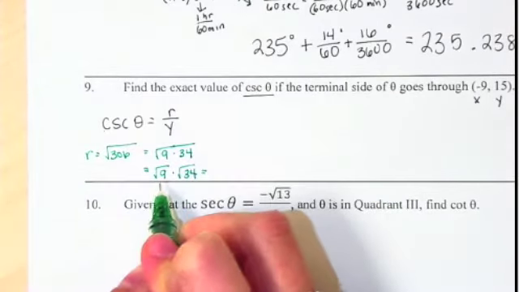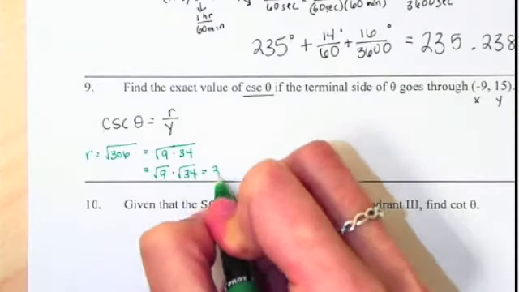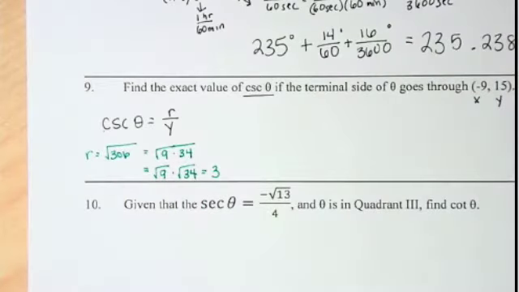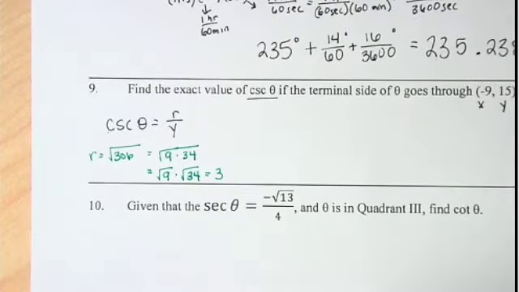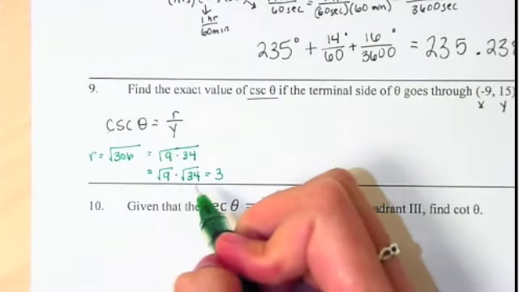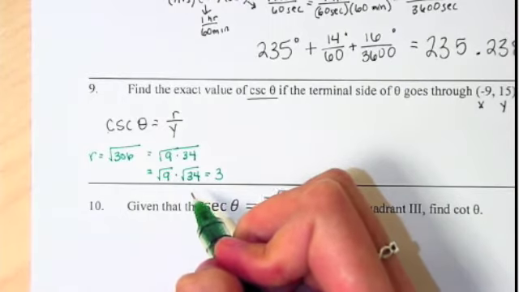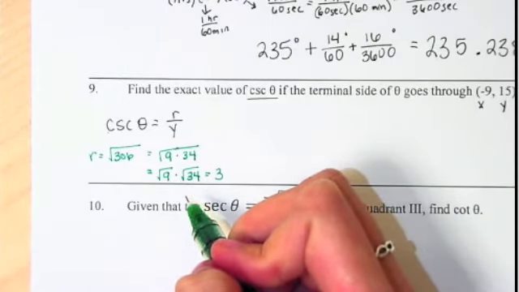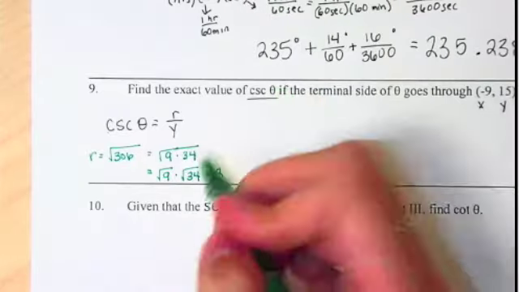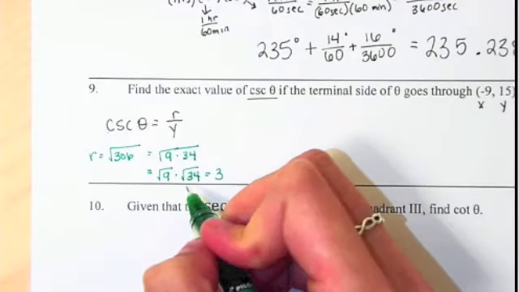I know that the square root of 9 is 3. Just plain 3. So I'm just going to write it as 3. It's not the square root of 3. You don't leave the square root on the 9 and drop the square root on the 34. Square root of 9 is 3. So then I figure out the square root of 34.